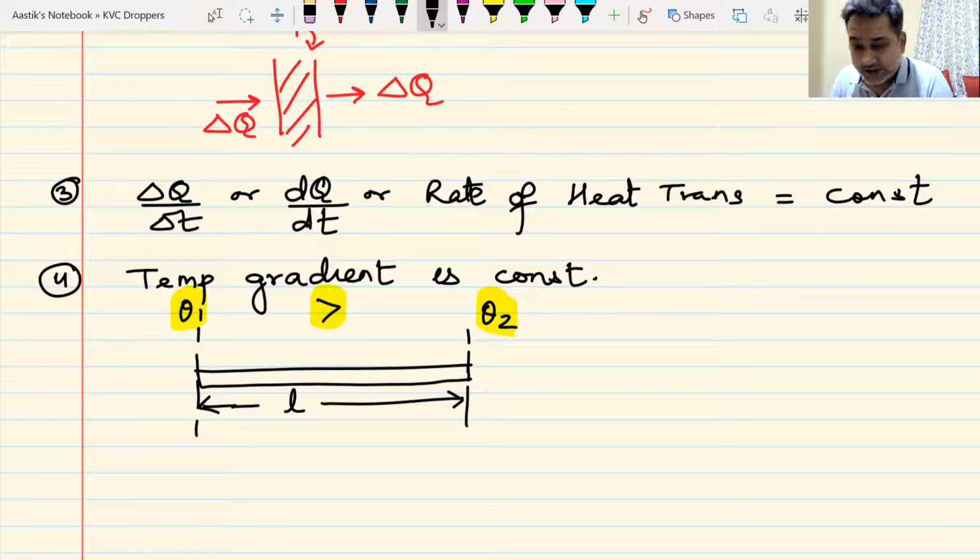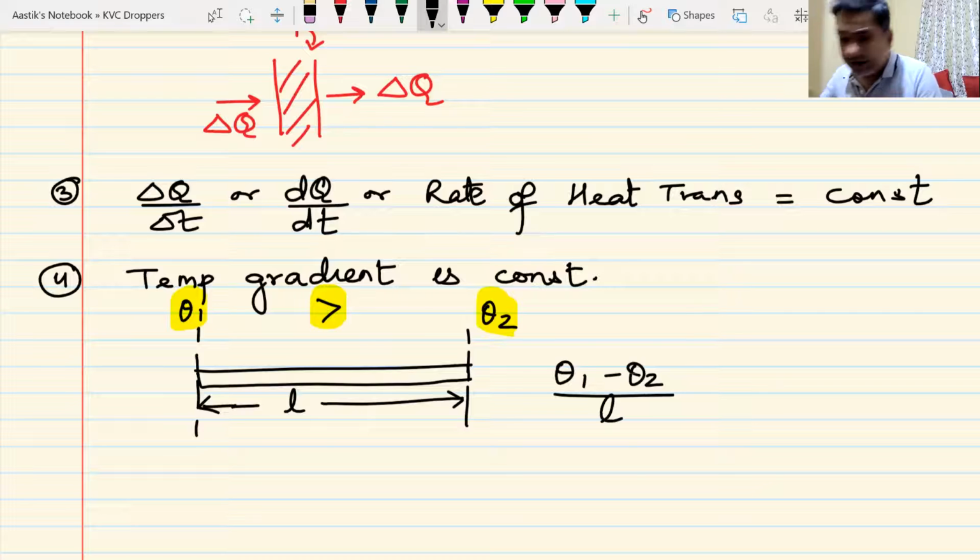Now what is temperature gradient? If I find out the value of theta1 minus theta2, which is nothing but the difference in temperature, and divide it by the length L, this value in pink is known as the temperature gradient.